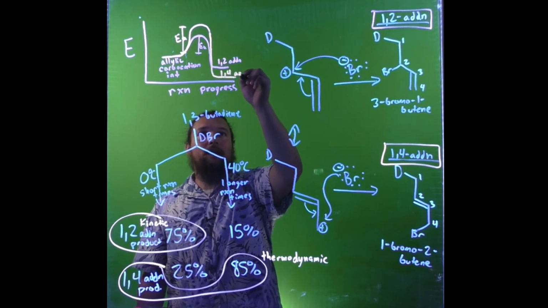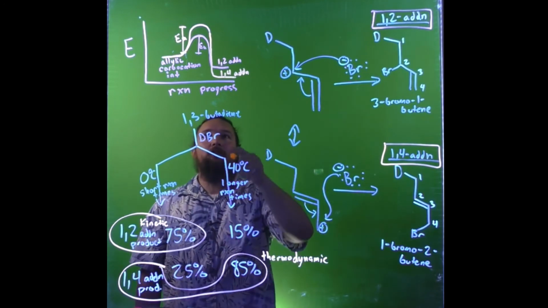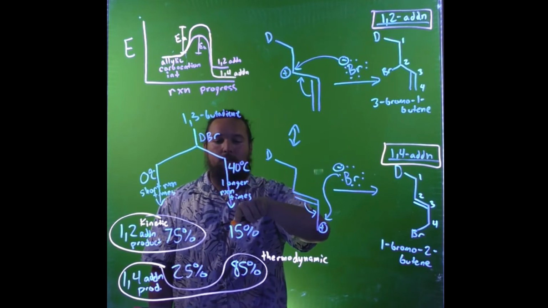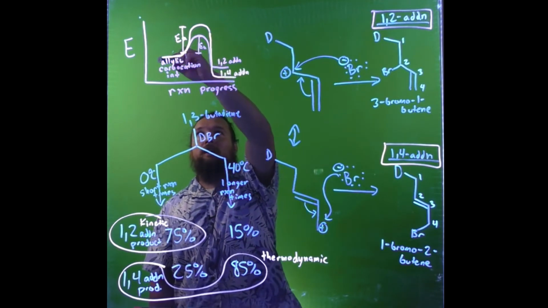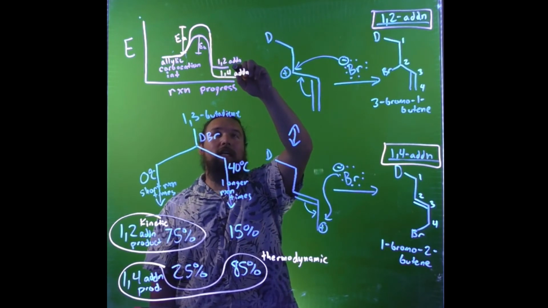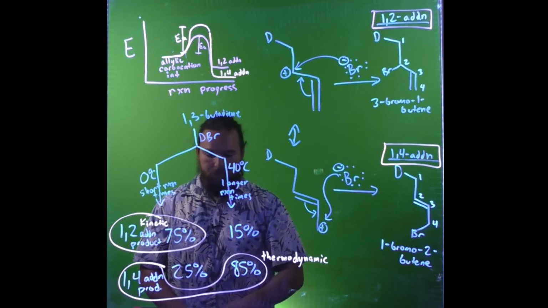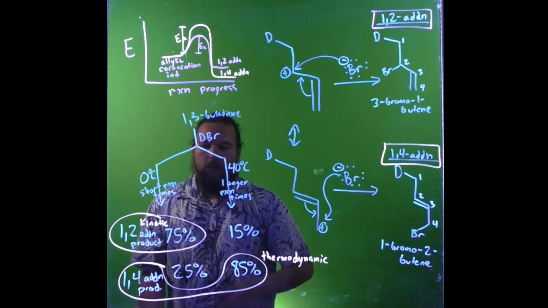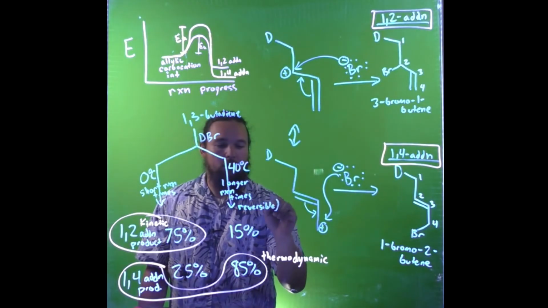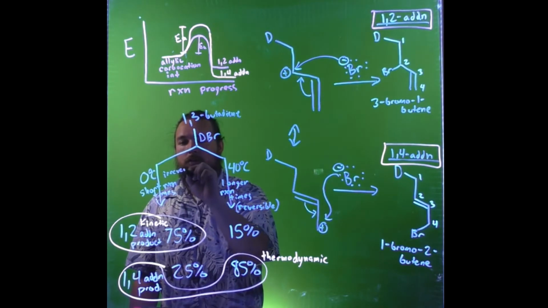So when we give it time, with the extra time and the higher energy, even if the reaction goes to the 1,2 addition product, since we have extra heat, it's able to go backwards. So this reaction is said to be reversible, whereas this reaction is irreversible.